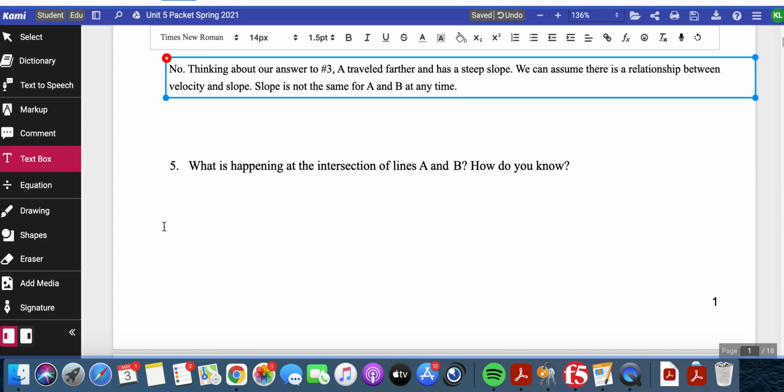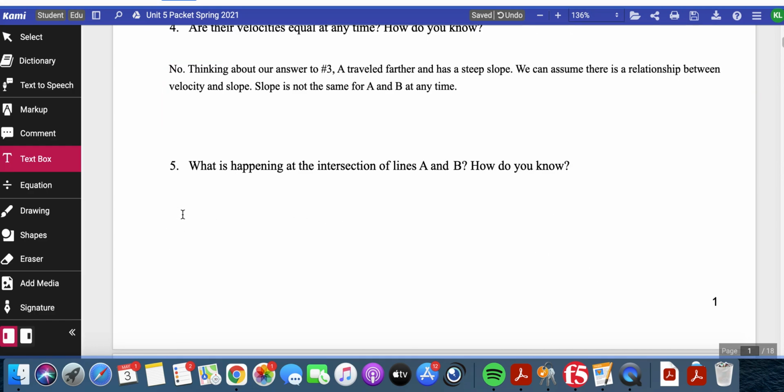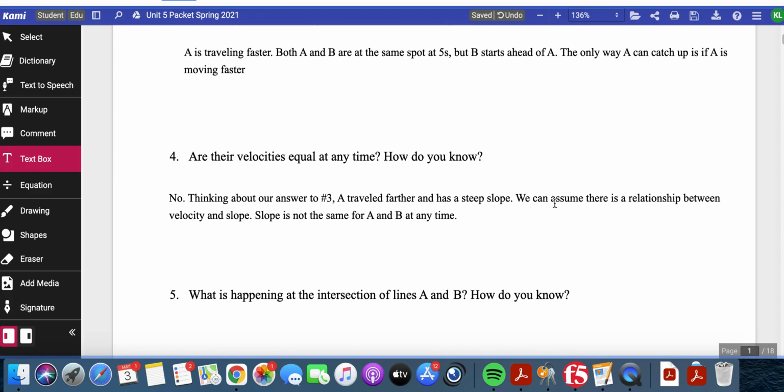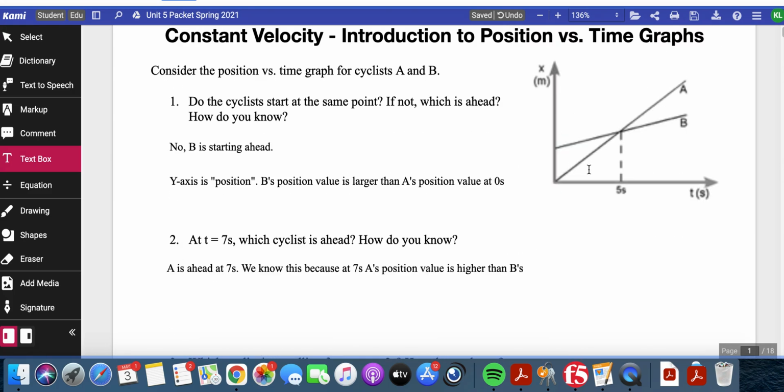Okay, and then what is happening at the intersection of lines A and B? So this is where they are intersecting. What do we think is happening there? Their time measurement is the same.